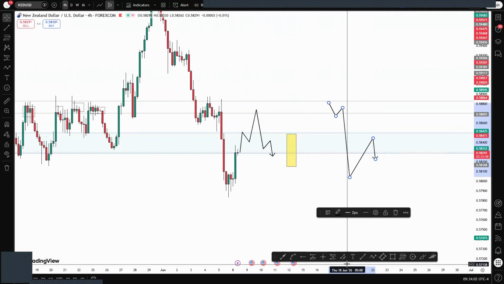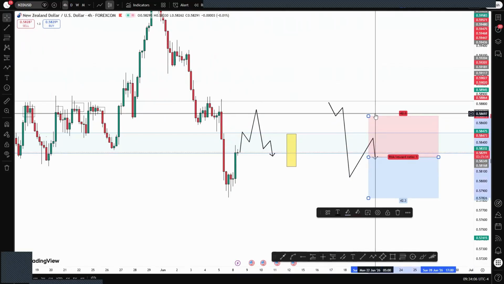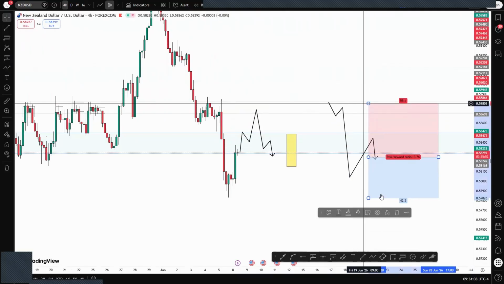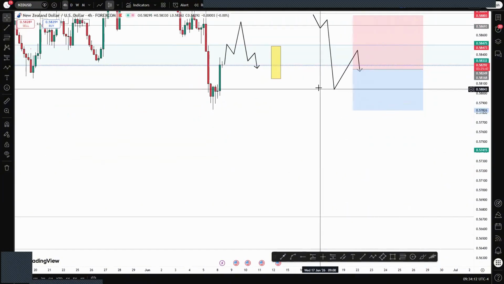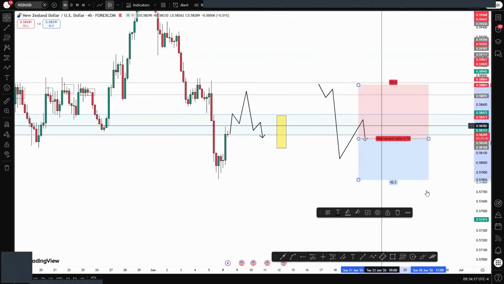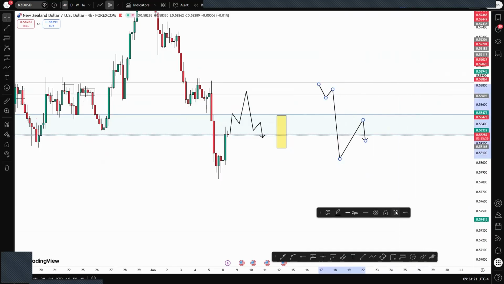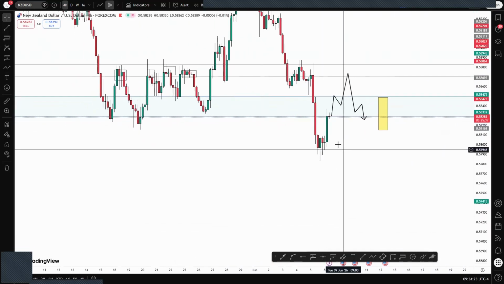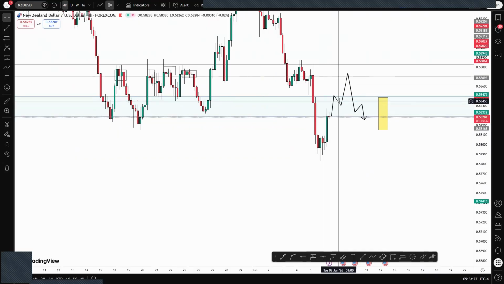When I enter my sell here, I have to put my stop loss right above that point. This is too much, okay? Because you can see the distance between these two. So what's better is, that's why I really wanted this to make a new lower low, so we can have a nice shift of a bullish structure.